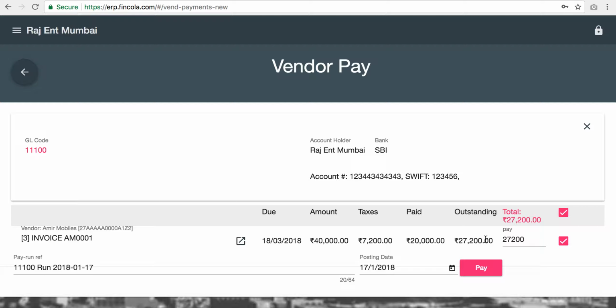We have an outstanding amount here. You can see the invoice amount was this plus taxes, and then we paid this, and this is outstanding, and we have the option to pay it now.